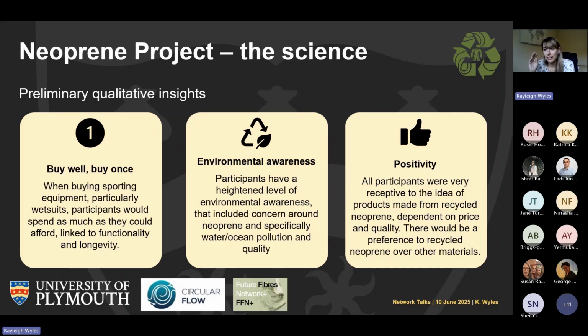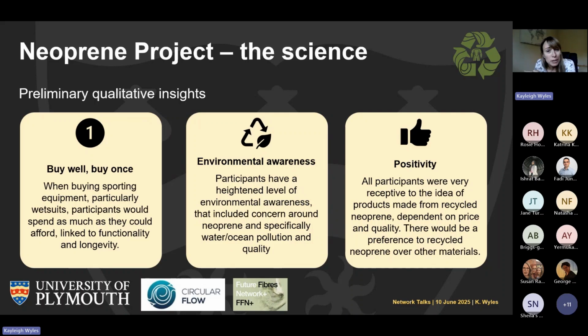And just very briefly, some of the main take-home findings from this is that when it comes to surfers and water sports people, their focus, when it comes to buying a wetsuit, is buy well and buy once. So they try to buy the best they can afford at that moment in time. They're also very much aware, so our group of 14 interviewees were very aware of the negative impacts that wetsuits and neoprene can have, and felt quite self-conscious because of it.